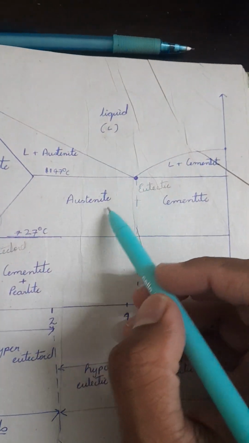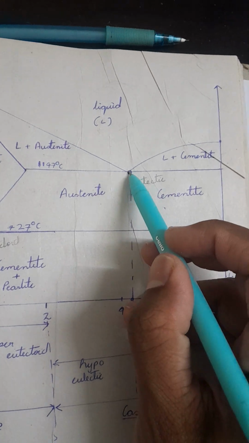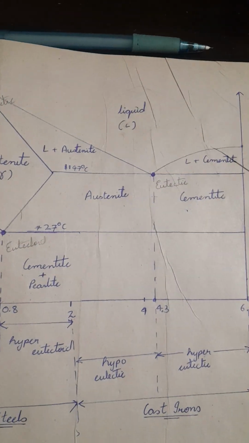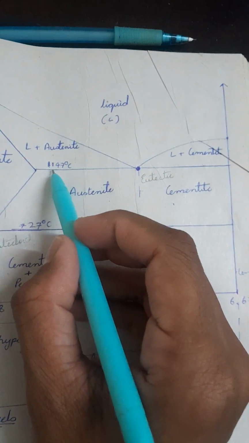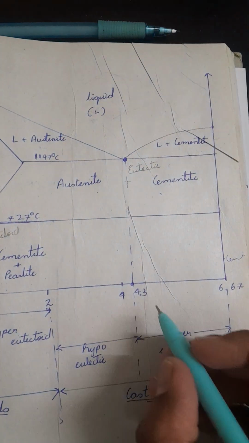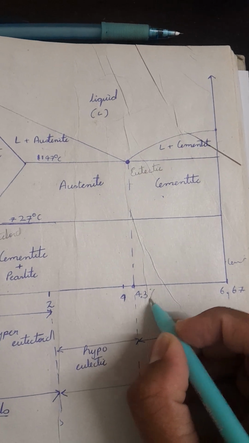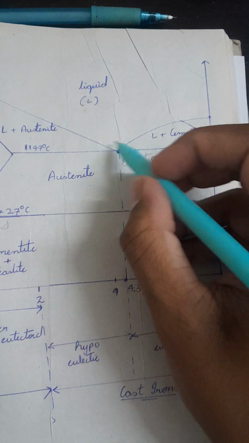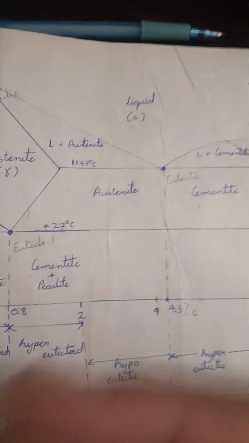So liquid is giving you austenite and cementite, and hence we call this the eutectic reaction. A liquid is splitting into two different solids, and this typically occurs at 1147 degrees Celsius and 4.3% of carbon composition. So you just need to remember the temperature and composition where this occurs as well, right?